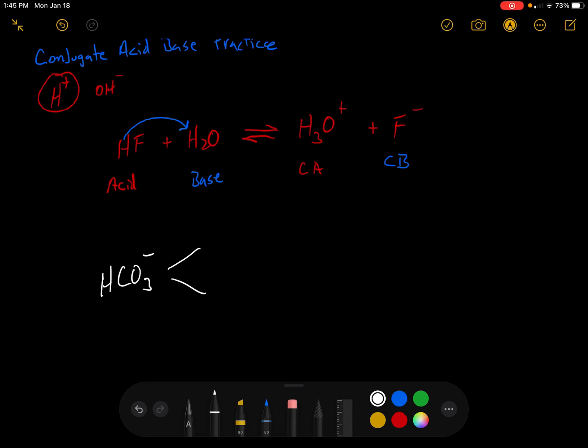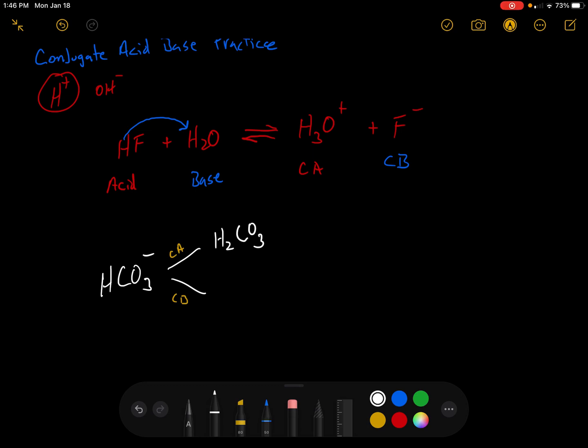Now remember, if you're wanting to write a conjugate acid, simple: you add one hydrogen and you adjust your charge. So in this case, this would now be written as H2CO3 neutral, because you had a negative charge and added one proton, so therefore it's going to be neutral.